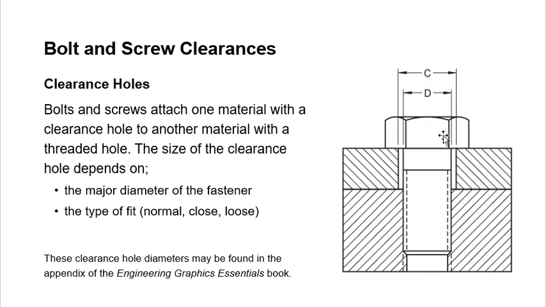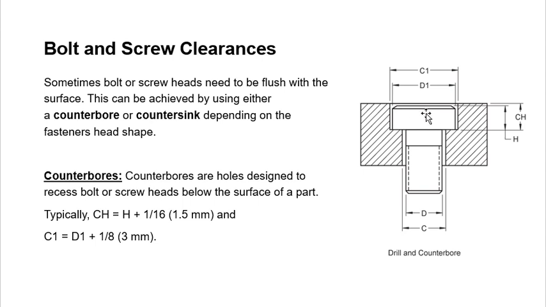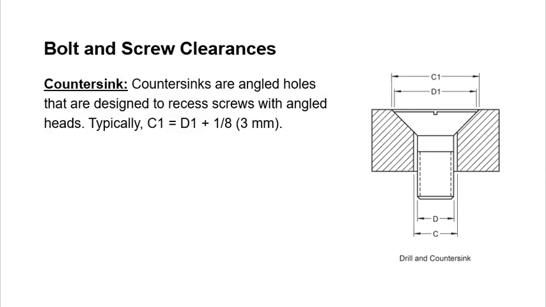Let's go back to here. This is protruded. Here we use a counterbore, so your head will go straight into this counterbore space right there. Another way is countersink, because they look a little bit different for the head space, which is like countersink.